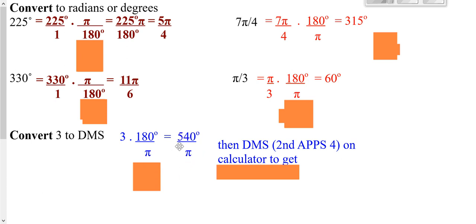So we end up with an exact answer of 540 degrees over pi. But to get that into degrees, minutes, seconds, I type this into my calculator, get the approximation, then DMS it, which once again is second apps, arrow down to number 4, and then we would get this.